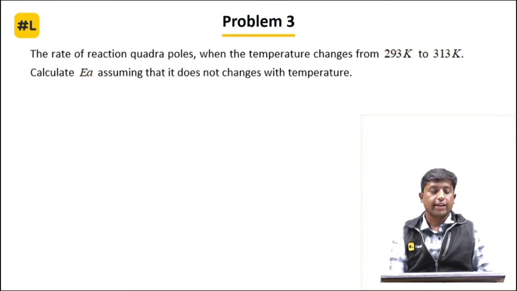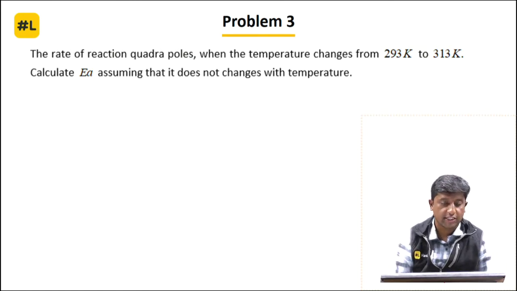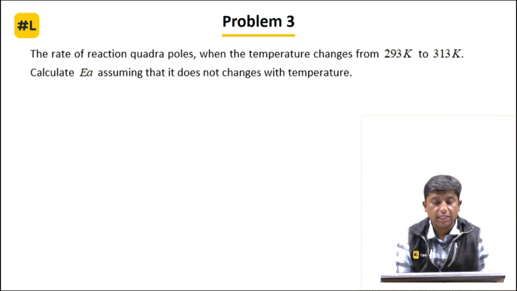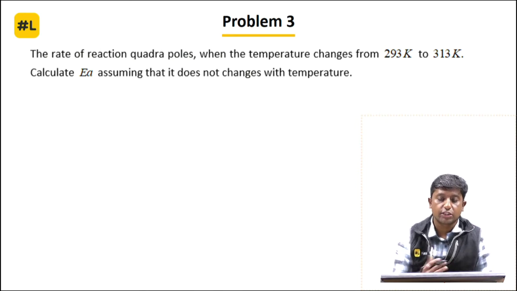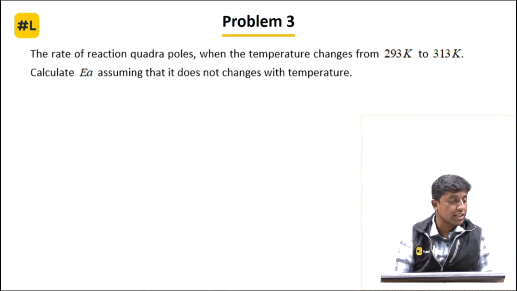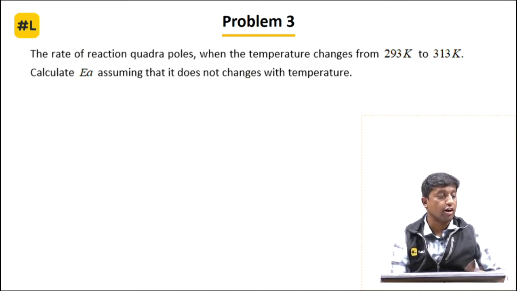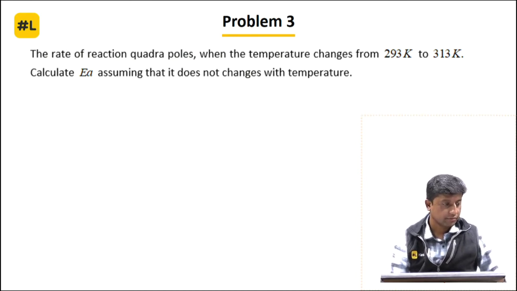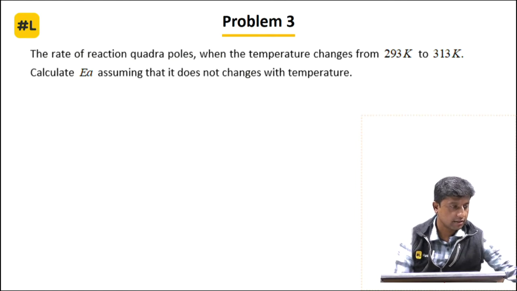Calculate the energy of activation assuming that it does not change with temperature. Students, can any one of you guess on which particular formula this problem has been asked? Here the rate of reaction quadruples. Any answer? What do you mean by quadruples here, students? Yes, can I get any message? The rate of reaction quadruples means what?